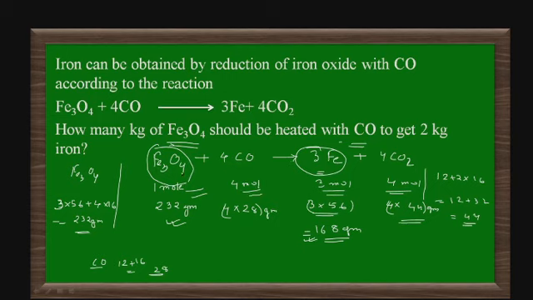Now you will calculate in terms of gram, that is, in terms of molar mass: 232 gram of Fe3O4 reacts with 4 into 28 gram of carbon monoxide, gives 3 into 56 gram of iron and 4 into 44 gram of carbon dioxide.